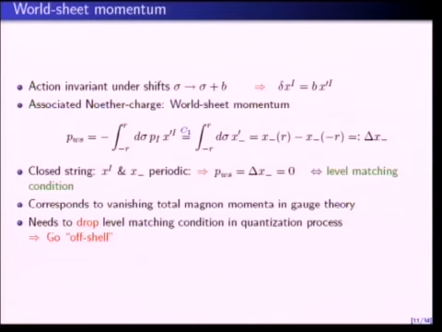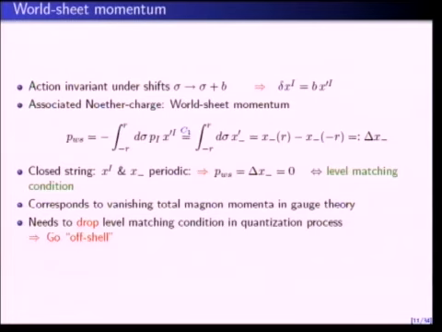So delta x minus. Of course, as I said before, this is the same relation arising for the level matching condition. So the level matching condition just states that there is vanishing world sheet momentum on the string. And this condition corresponds exactly to the vanishing of the total magnon momenta in the spin chain language, which we find in the gauge theory.